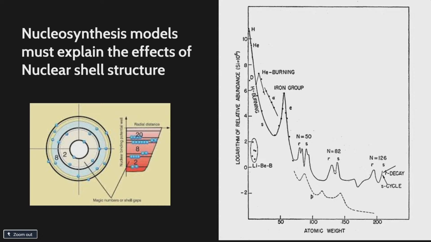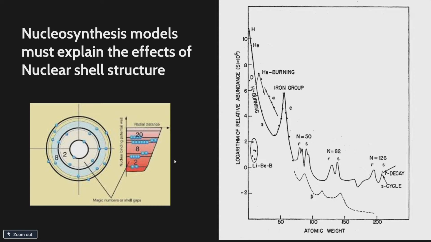Scientists as early as the 1950s realized that there had to be another process happening somewhere in the cosmos that they called the R process. And you notice that when you look at the abundances, there's a lot of structure.